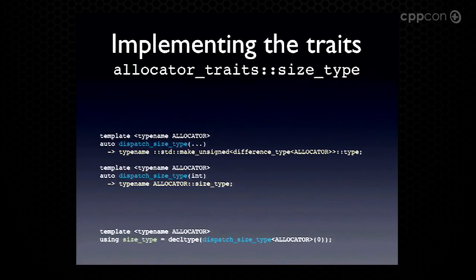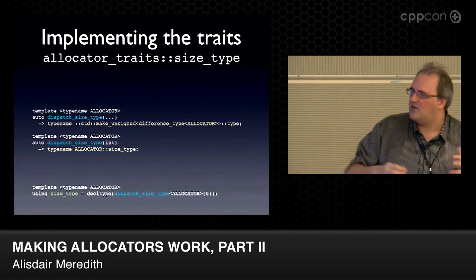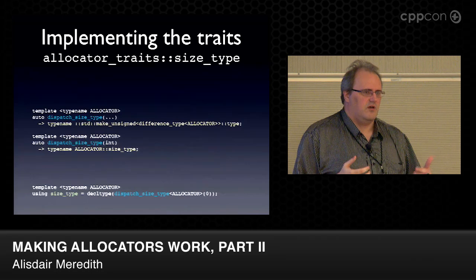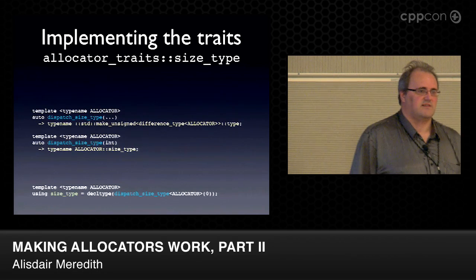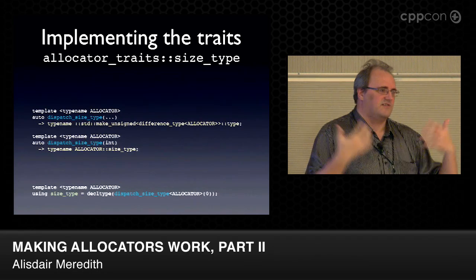So, coming back to my original question, what happens if I'm trying to figure out the size type? Well, in this case, I'm no longer going to create an additional type trait. Turns out this bites us an awful lot at Bloomberg, that type traits are classes. Classes have associated type ID and type info.